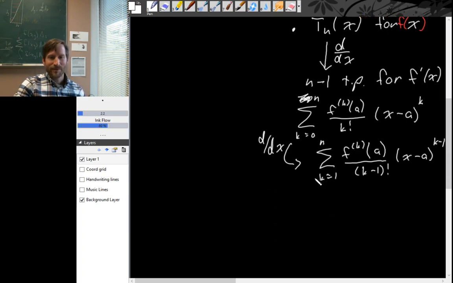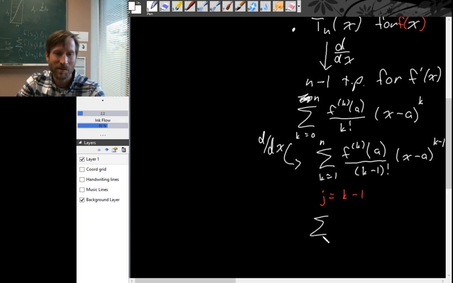And if you notice, our powers are now off. We have a k here, and a k minus 1 in our exponent, and a k minus 1 in that factorial in the denominator. So to make things line up the way we're used to, let's let j be k minus 1. We're just relabeling the terms in our sum. So if k starts at 1, j is going to start at 0, because j is k minus 1.